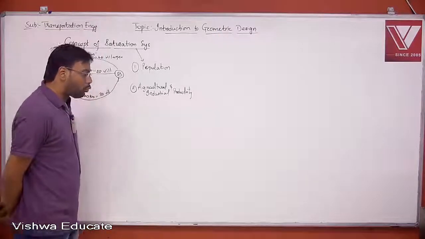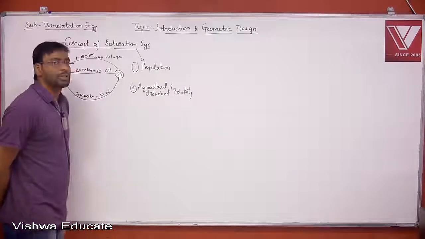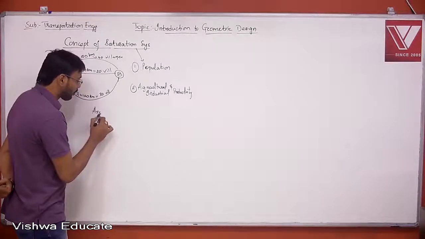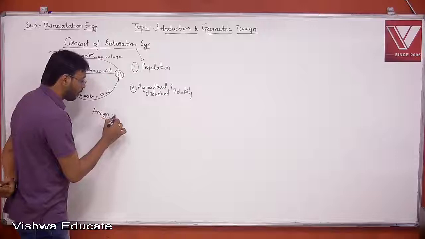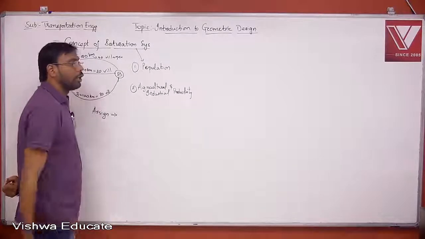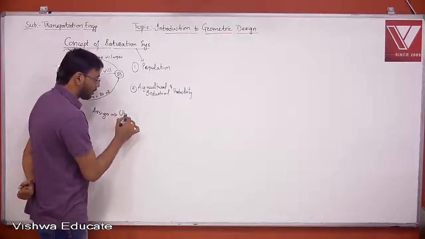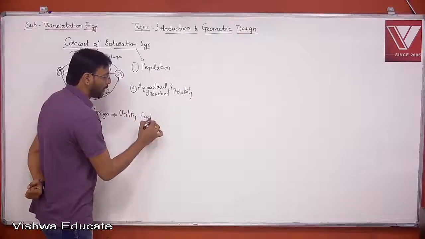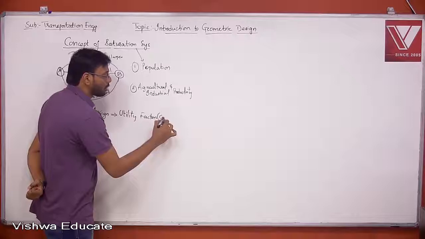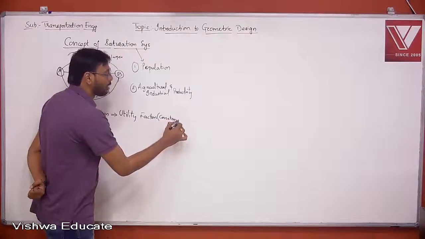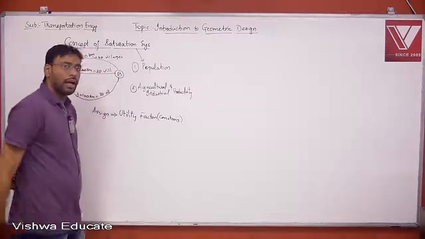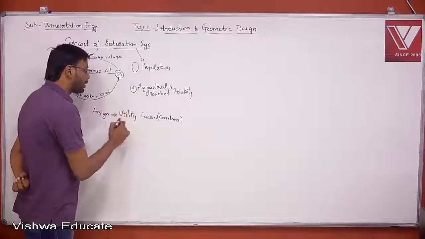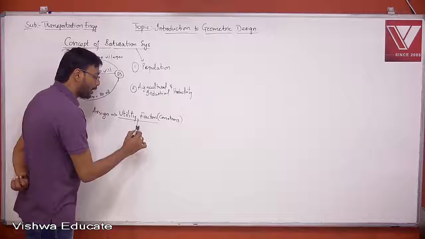Now, what we'll be doing in this concept of saturation system is we need to assign utility factors. These are nothing but constants. And these utility factors can be assigned randomly.